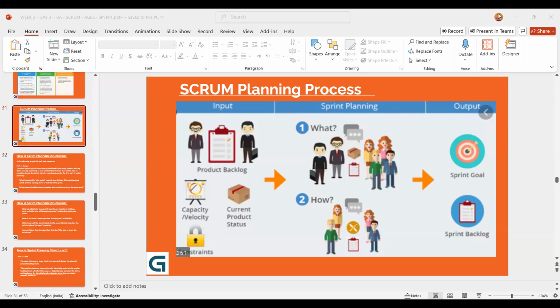Tell me what is there inside the product backlog. Who can tell me? Product backlog is the first input. So what is there in the product backlog? What is product backlog as per you?